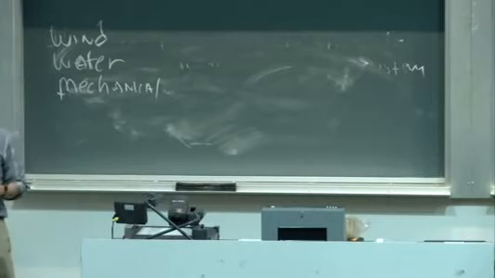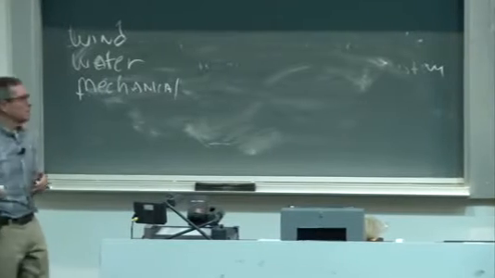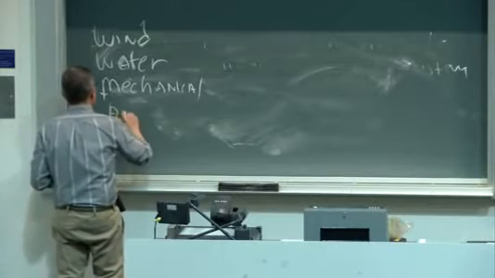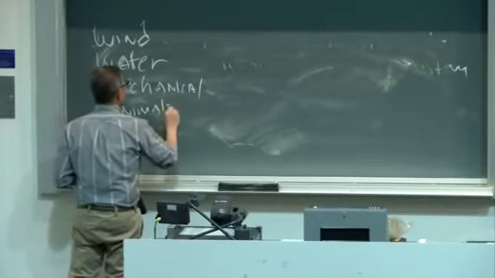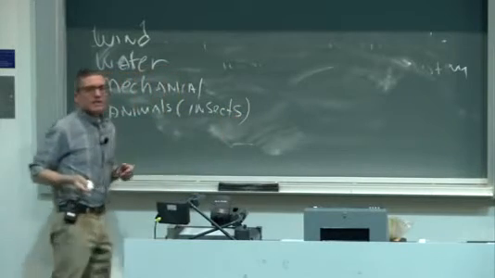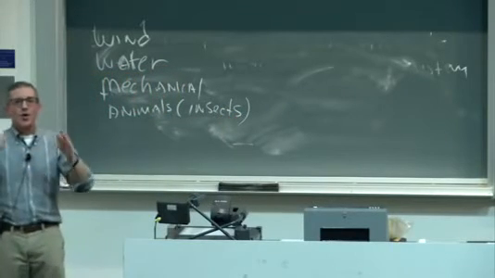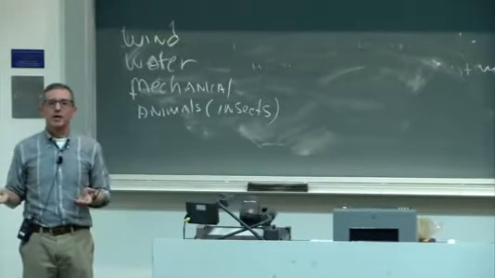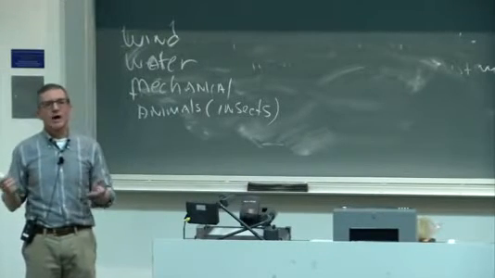Another mechanism for the dispersal of seeds has to do with animals, but mostly insects. Many seeds, in addition to producing an ovary wall, making a fruit, also make another structure which attaches to the seed. We don't have to worry about the name.